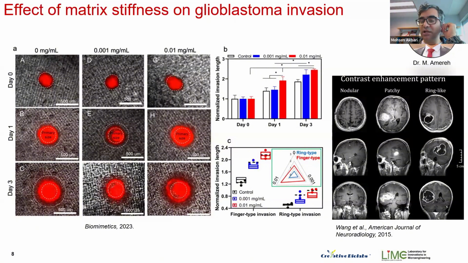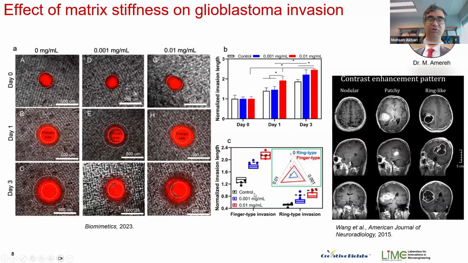So our results yielded two key findings. As we expected, enzyme gradients increased tumor invasion in a concentration-dependent manner, but we were also able to recapitulate two well-known invasion patterns, finger type and ring type, that are typically observed in clinics, suggesting that there are diverse remodeling mechanisms involved.